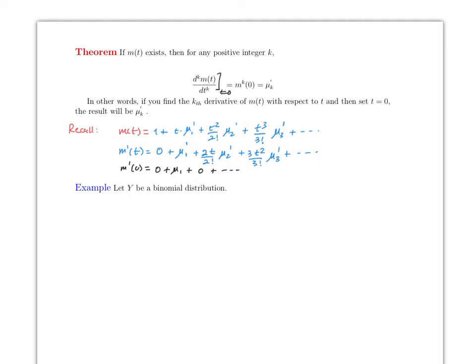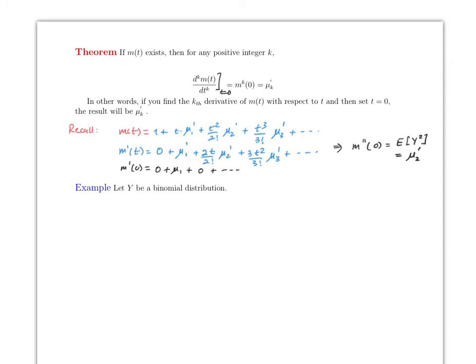So that will give you the first moment. If you take the second derivative, and then evaluate at 0, this will give you the expected value of y squared, or what we call mu 2 prime. Notice that here 2 over 2 is 1, so you only have t, so you take another derivative, it will just give you this. So you should check it, convince yourselves, but that's what it is.